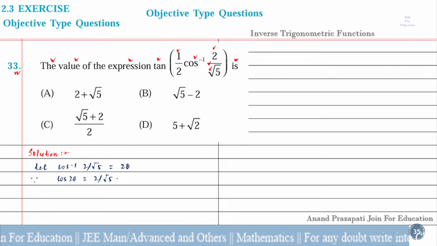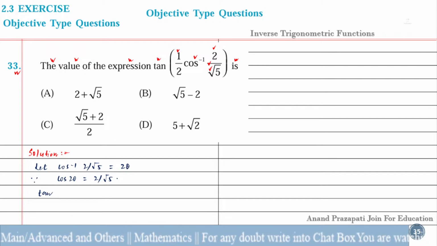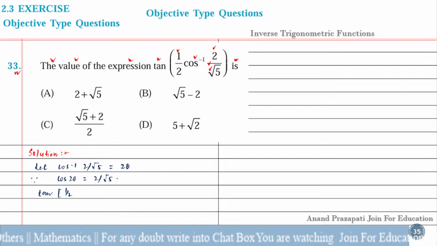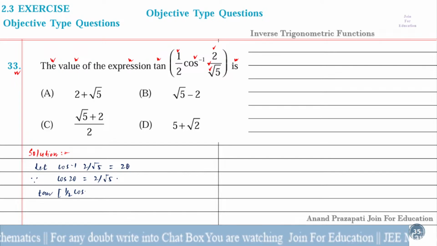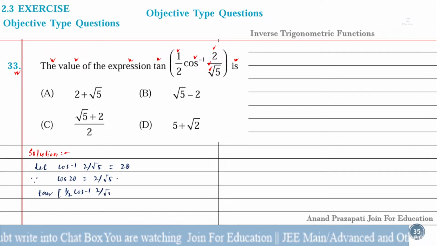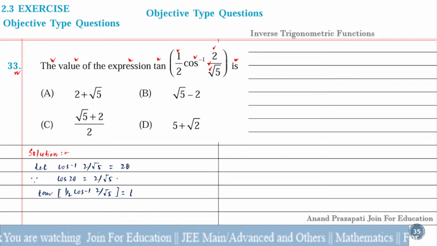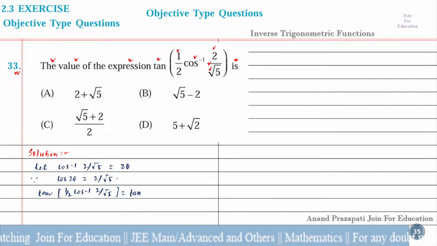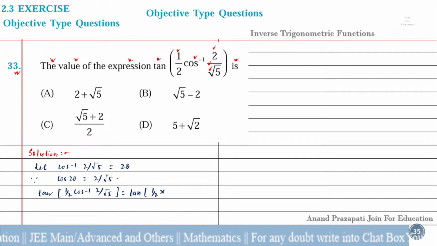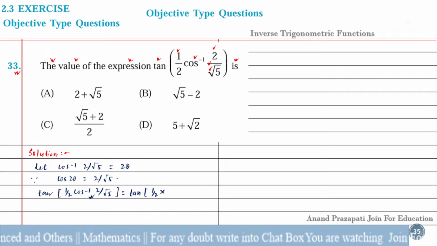Here the form of the question will be tan 1 by 2 cos inverse 2 by root 5 equal to, we write down here, tan 1 by 2 into the value according to the supposition, 2 theta.